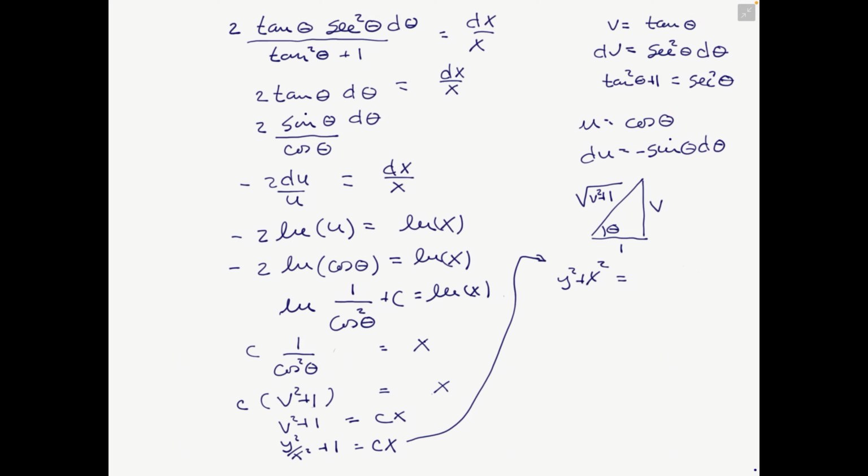Okay, so we have cx to the third. y squared equals cx to the third minus x squared equals x squared times (cx minus 1), and y equals x square root of cx minus 1.